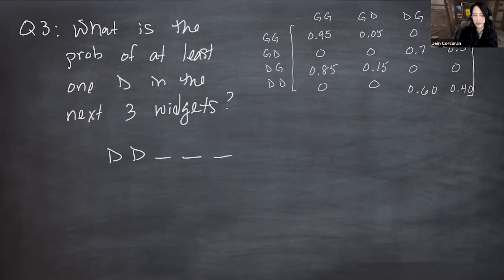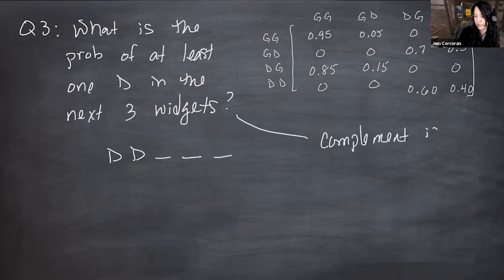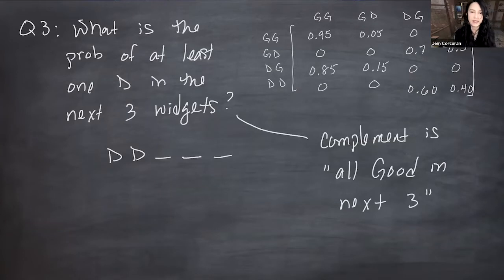One thing we can do is start writing out all possibilities. But in this particular case, it's easier to look at the complement of the event, right? The complement is all good in the next 3. And that's going to be a lot easier to look at.